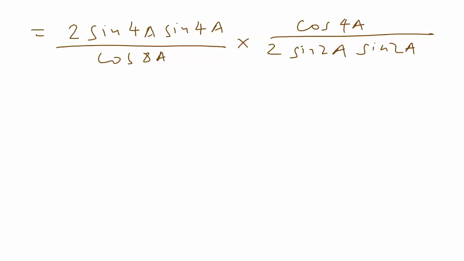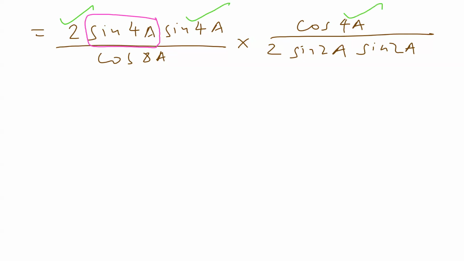Okay. Now see, what I will do is I'll apply half angle formula over here for sine 2a. And I'll group these terms, 2 sine 4a, cos 4a. The green colored terms I will group.